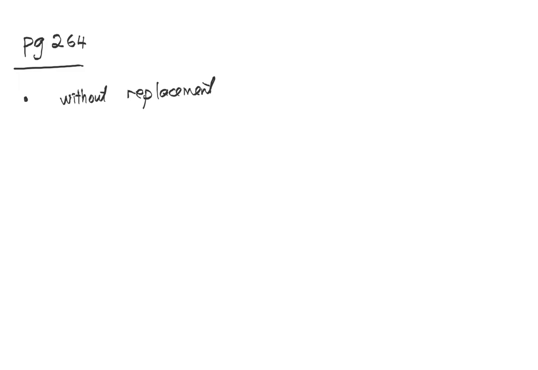This is to ensure that the observations are approximately independent. So you see, without replacement, then they put the word approximately independent.